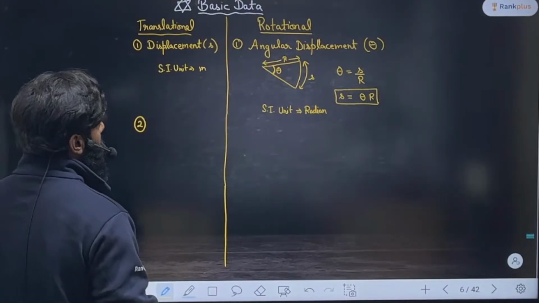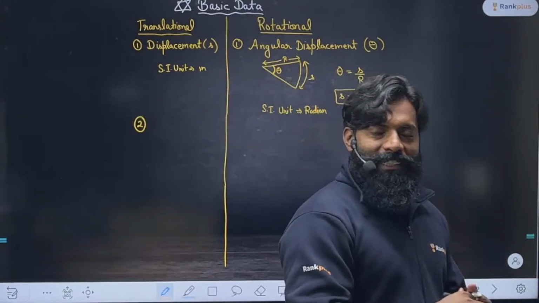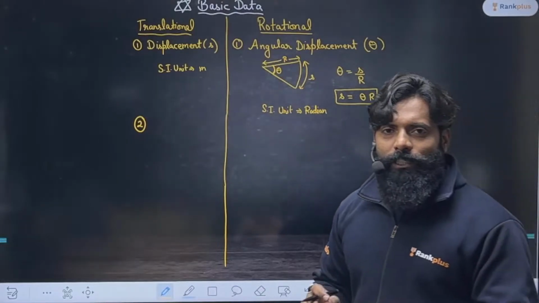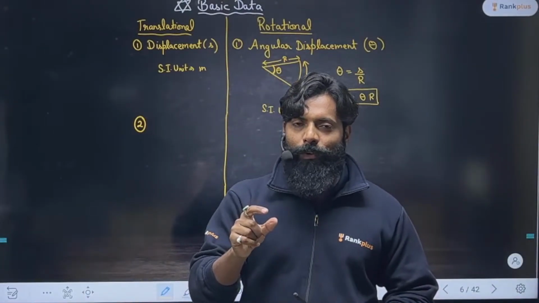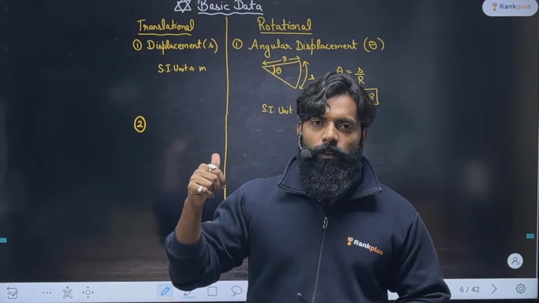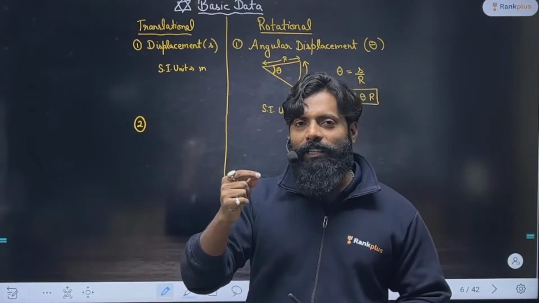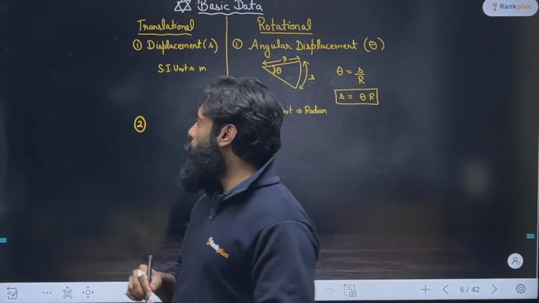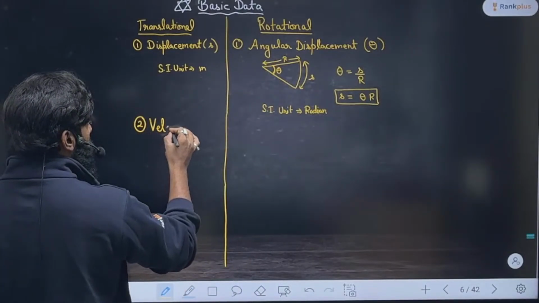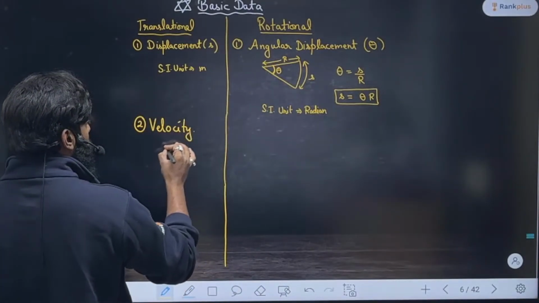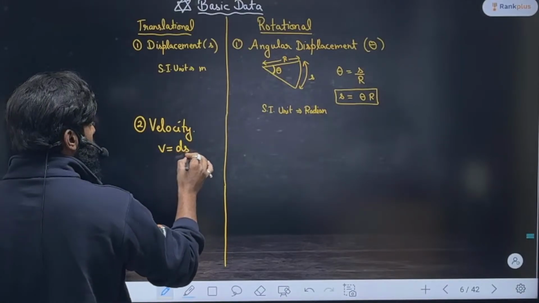Okay, second thing. The first one is displacement. And after the displacement, what is the most important data which you have to consider when you are dealing with the motion? The other important data is the velocity, right? And we all know that velocity is basically the rate of change of displacement. So I could write velocity V as ds by dt.